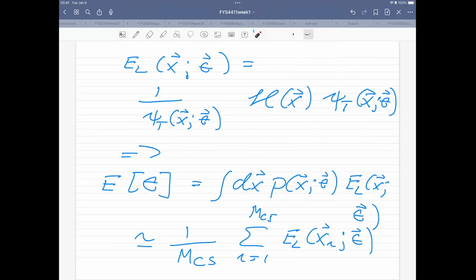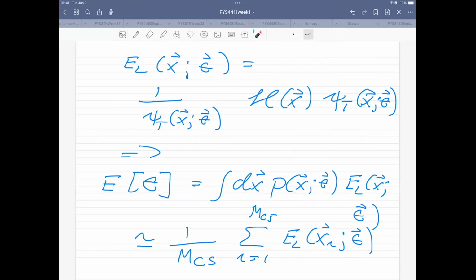Now, you can show through Bernoulli's law of large numbers that this quantity, when MCS goes to infinity, is going to approach the exact mean value. We are coming back to that. But this is what we are going to do in practice when we do the simulations. So next week, we will discuss the Metropolis algorithm and how this is actually done. Today, we are just going to implement it. And we are going to look at an example which is relevant for the project.